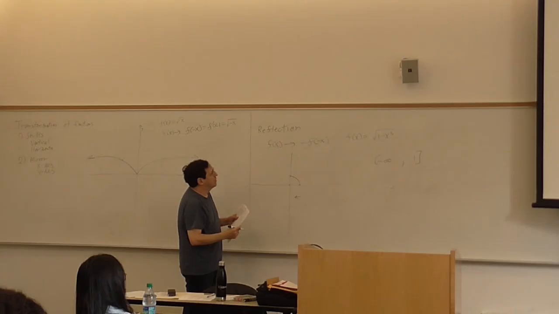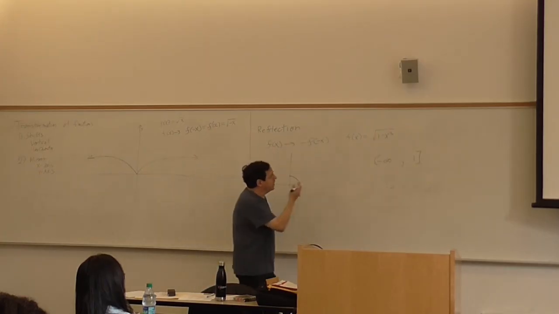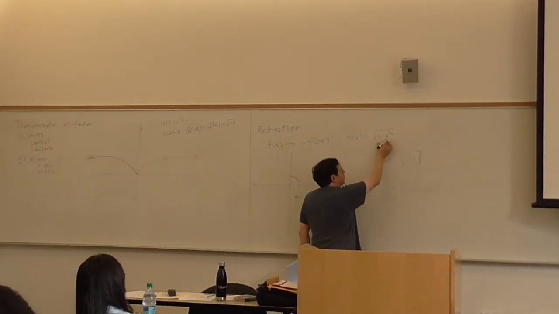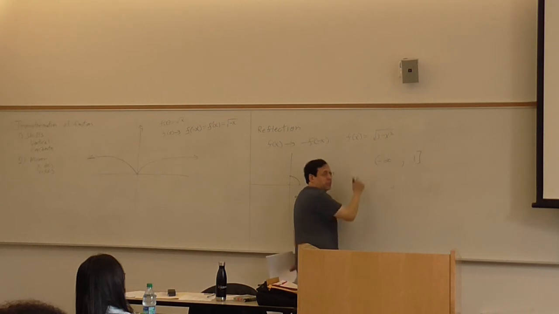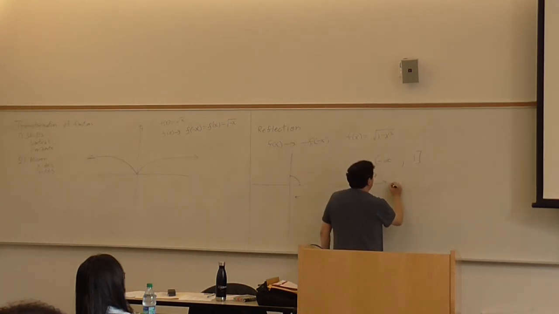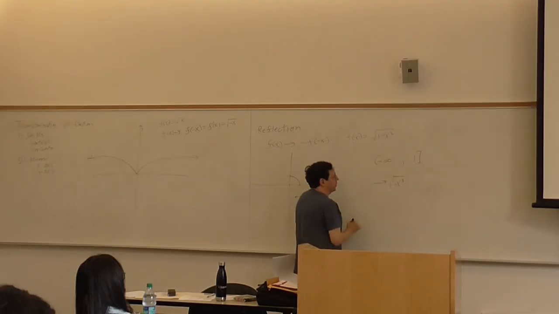And then what happens? One way to think about this is, if x was very large, the 1 wouldn't really matter, would it? In other words, it's going towards the square root of negative x cubed, right?